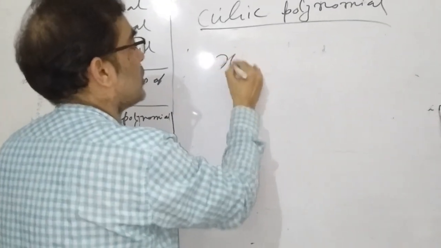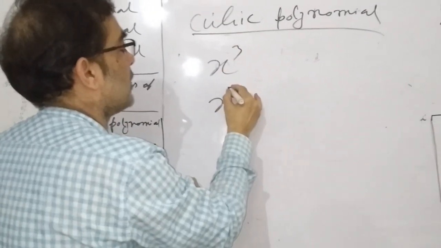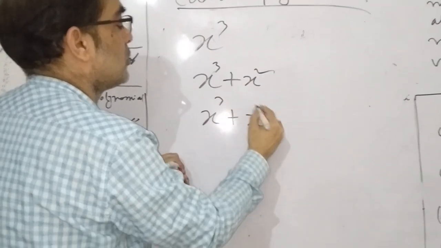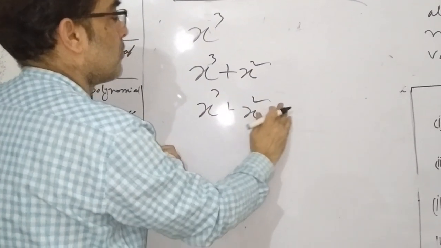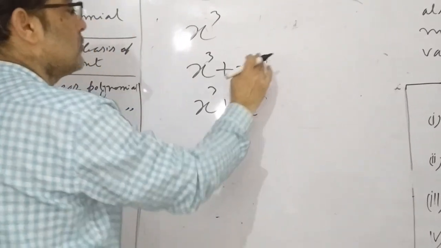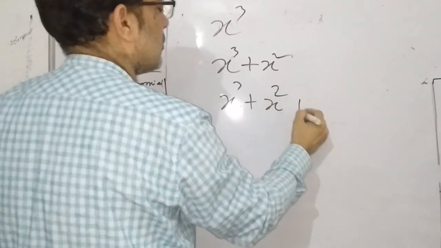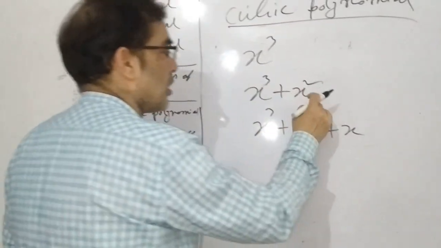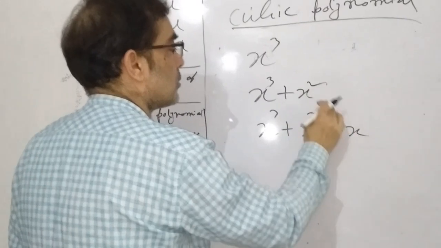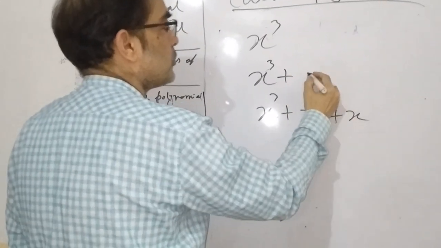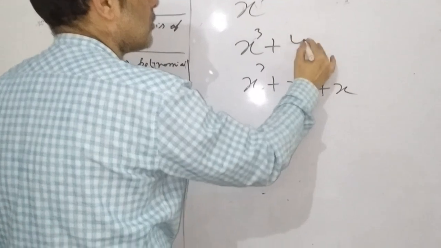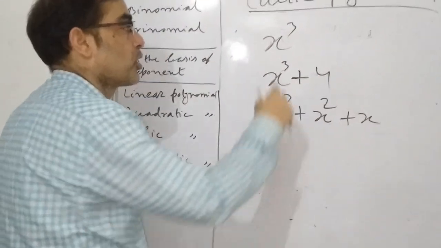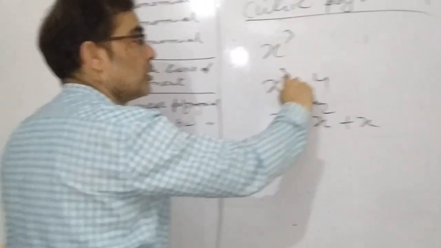Example: x cube plus x square, x cube plus x square plus x, or also we can write this way.